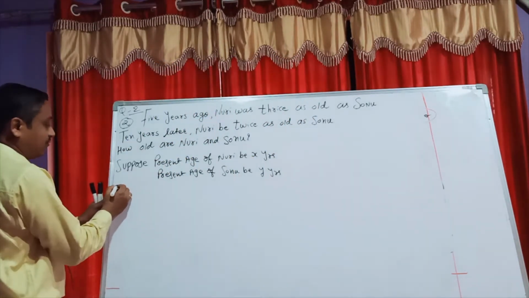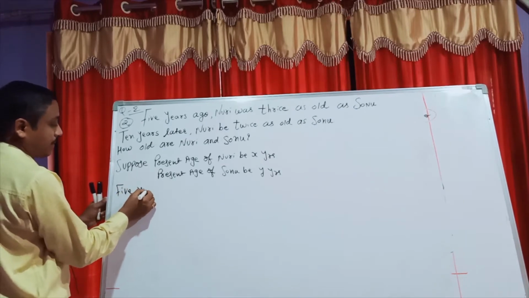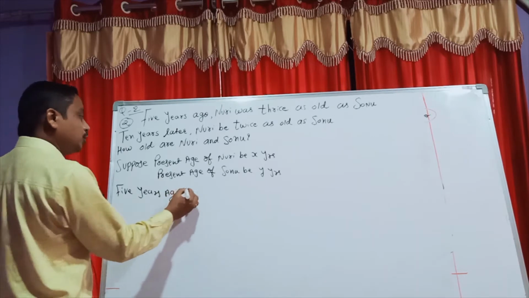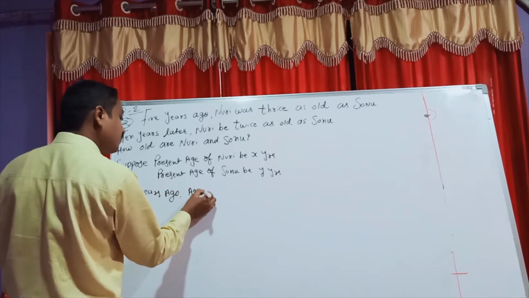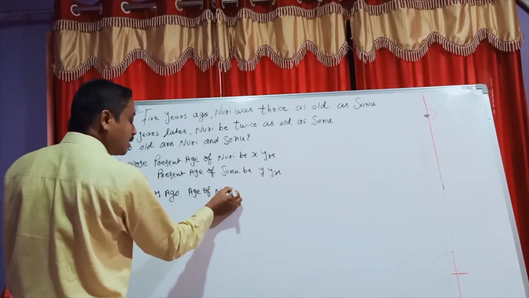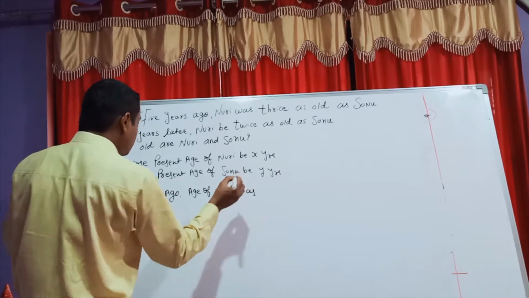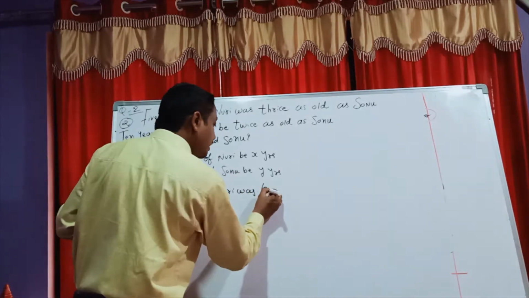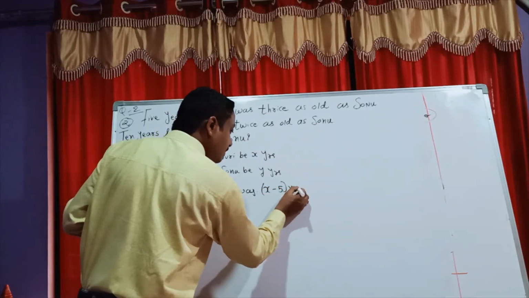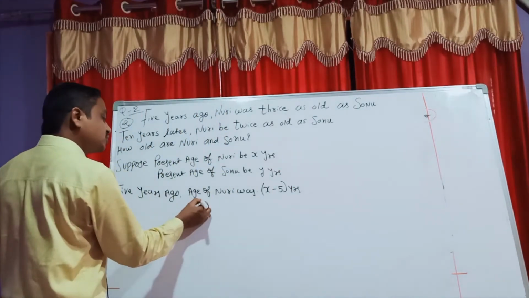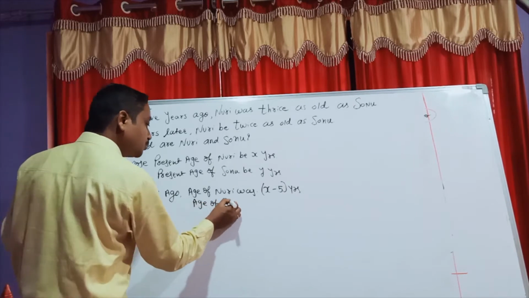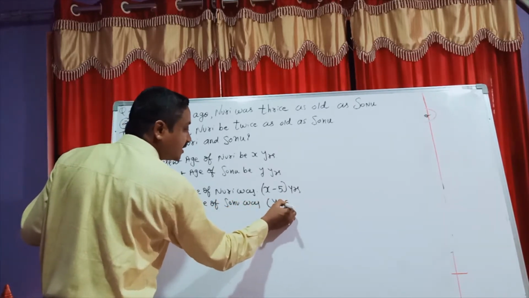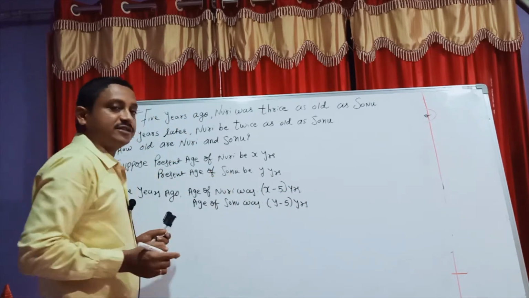So now read 5 years ago. Nuri's age was, ago means past tense, that is 5 years past, so x minus 5 years, and the same as the age of Sonu was, yes, it is y minus 5 years.